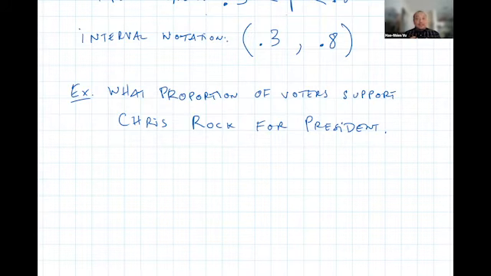When we do statistics, because we have to generalize from a sample to a whole population, we can never be certain of anything. So let's write this down.